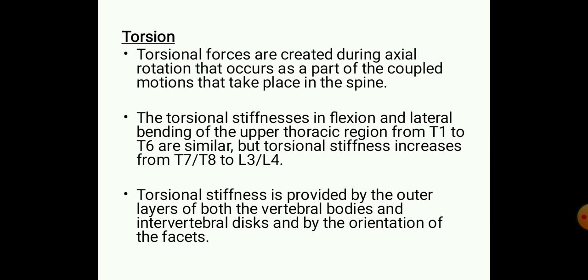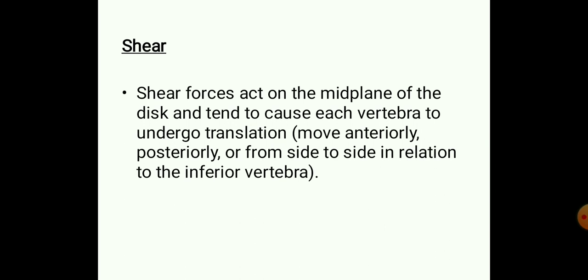Torsional stiffness is provided by the outer layer of both vertebral bodies and the intervertebral disc, and by the orientation of the facet joint. So the rotational forces can be limited by the outer layers of vertebral bodies, the intervertebral disc and the orientation of the facet joint.